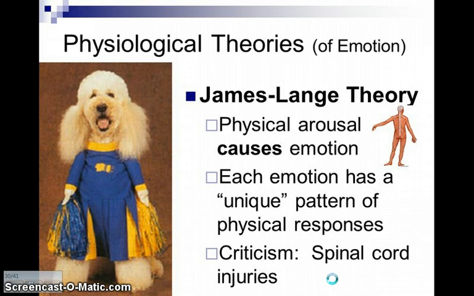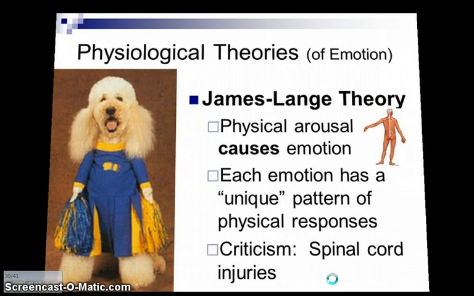According to the James-Lange theory, this would apparently indicate that these people would not be able to experience emotion because they wouldn't be able to get the feeling from those physiological arousals. However, we know that that's not true because people who experience those situations continue to experience emotion, just like they did prior to whatever their accident was.